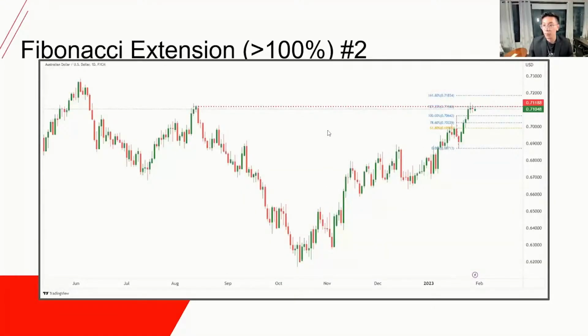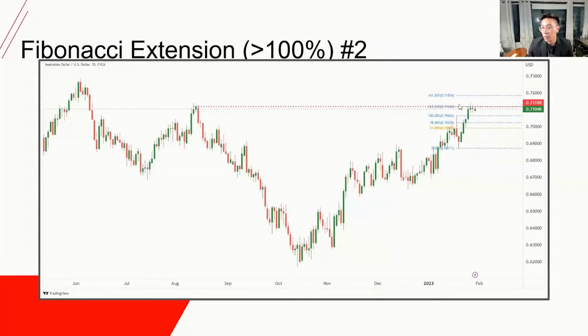Okay, so this is example number 2. We can see right here, we are drawing this, we can see a peak over here, right? If you go down to maybe the lower time frame, you can see this rejected wick over here. You can draw this 100% to your lows right here.